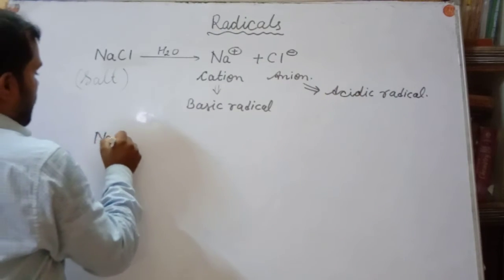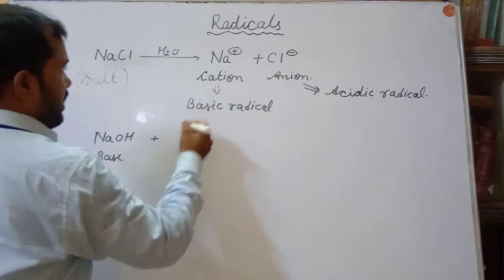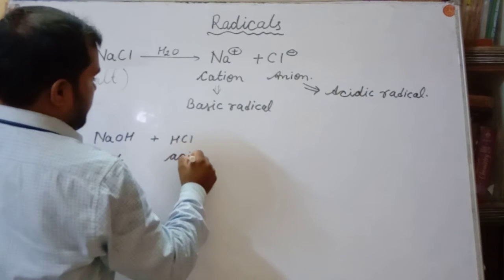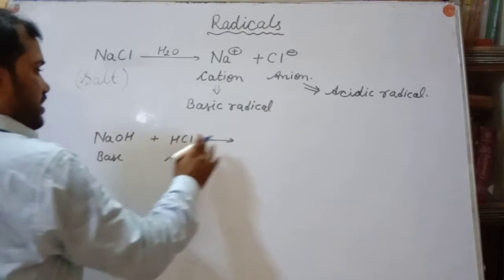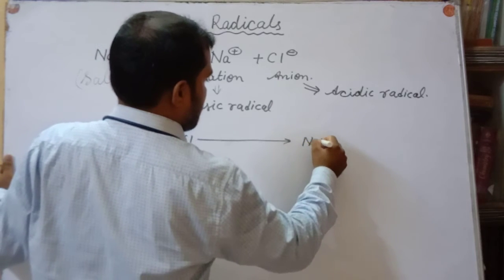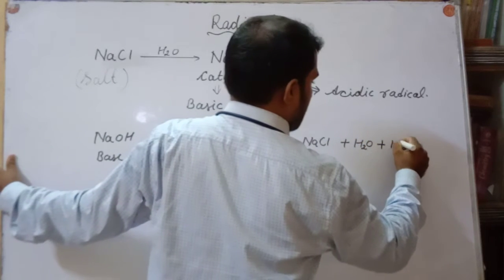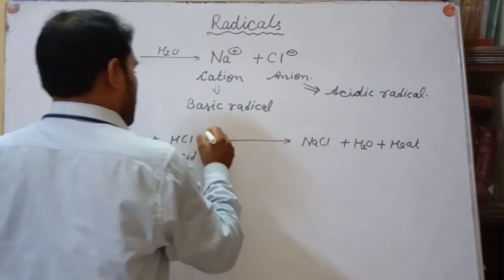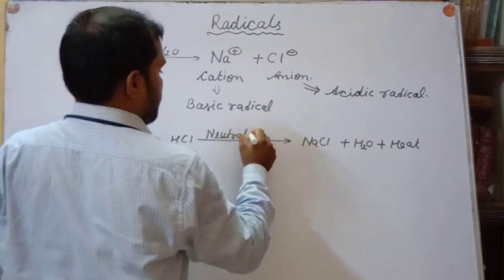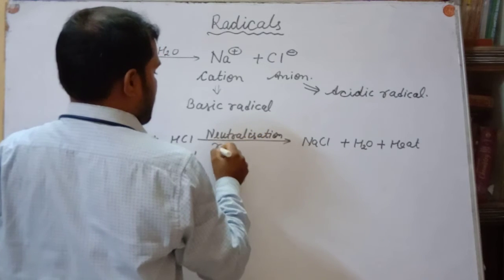We will see the example. Suppose NaOH, this is base, plus acid HCl. Now by the reaction you will get NaCl plus H2O plus heat. This is said to be a neutralization reaction.